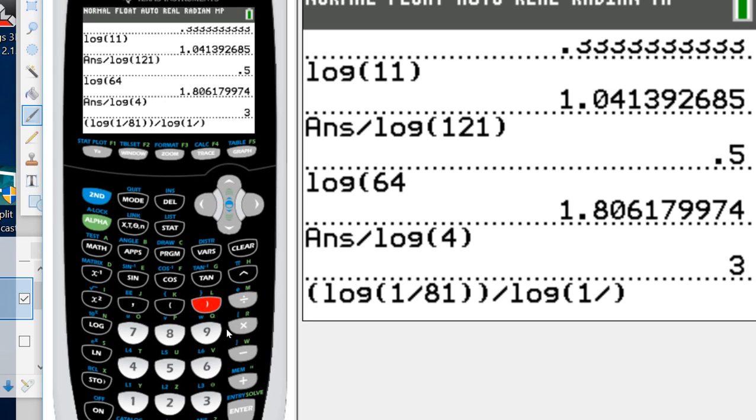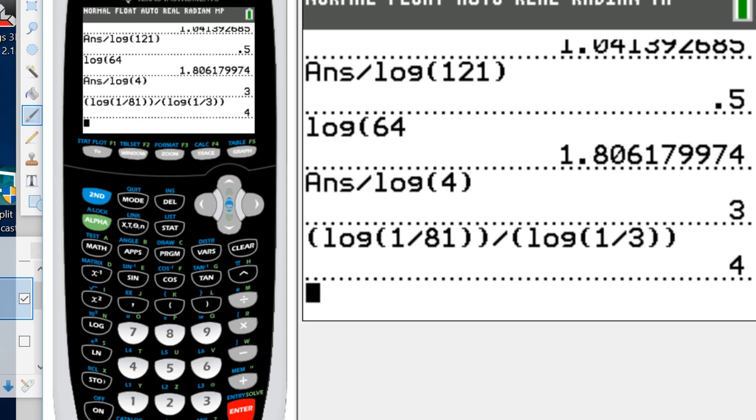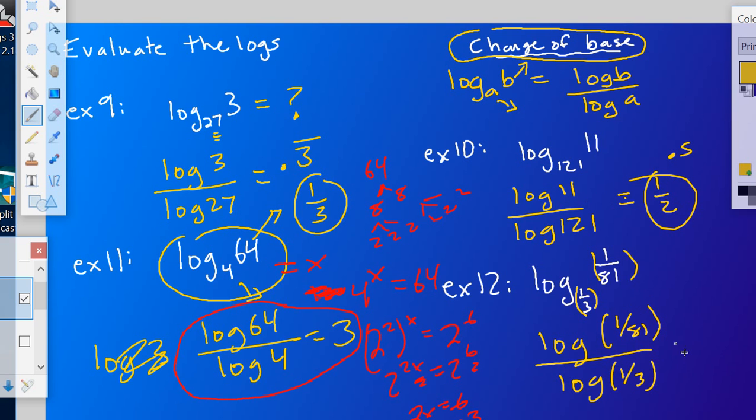Try that again. I missed a parenthesis. That's not good. I'll have to type that in again, I guess. So put an extra parenthesis right here. It's probably going to delete everything. Yep. 1 divided by 3. There's probably a better way to change that. All right. Got that in. And I get 4. So this equals 4.